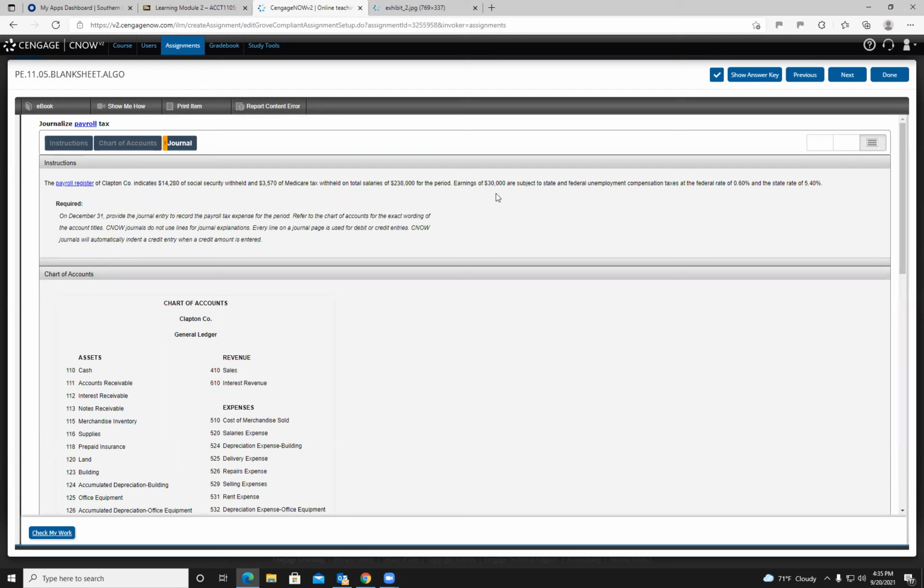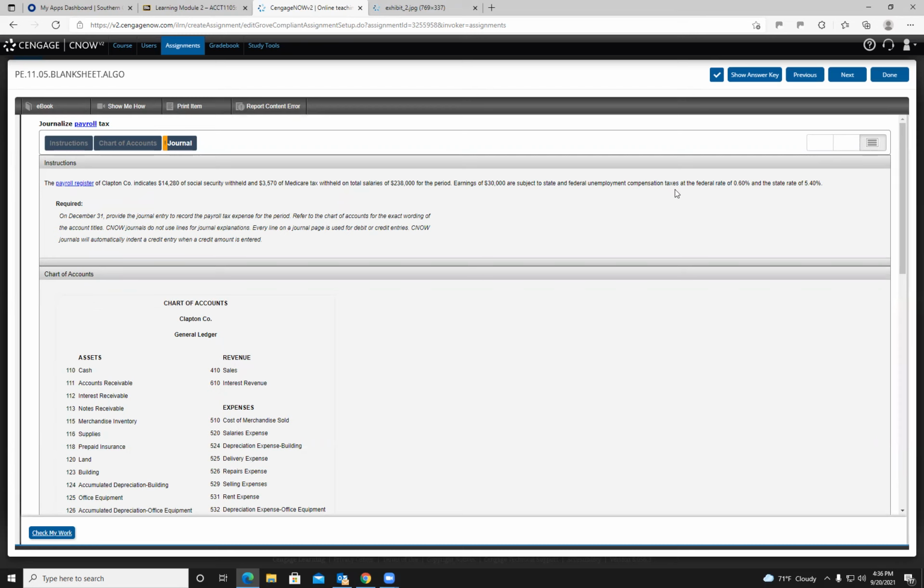So that information is always going to be provided to you, but only certain salaries are eligible for unemployment. Only the salaries that are eligible for unemployment are the salaries that are subject to the compensation taxes. How that is determined is not covered in this chapter.